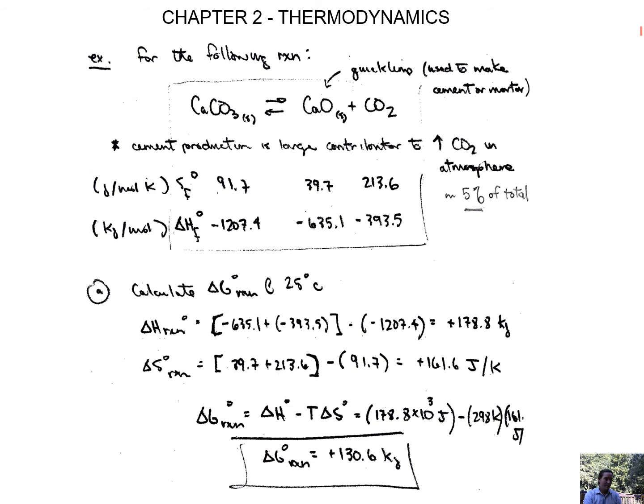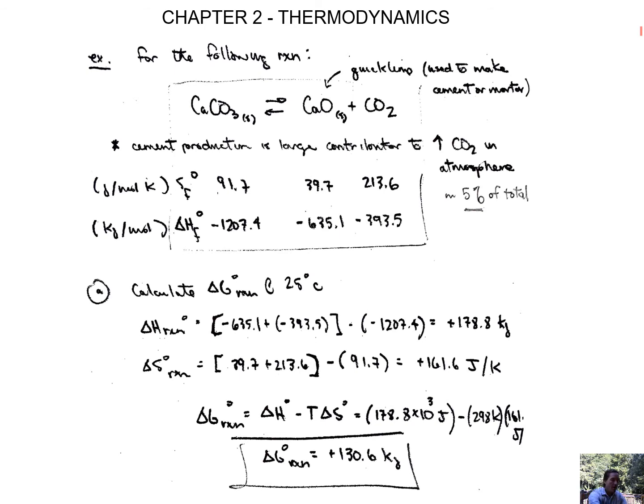And it's something that we still do today in cement plants. And it is actually a pretty major contributor to carbon emissions, about 5% of the total. And so for that reason, I thought it was a good example for this class.